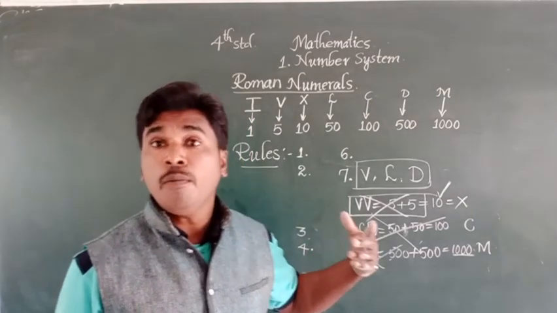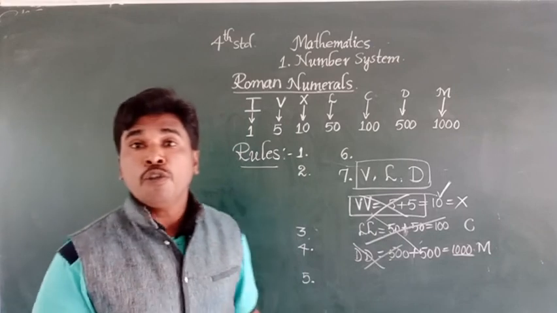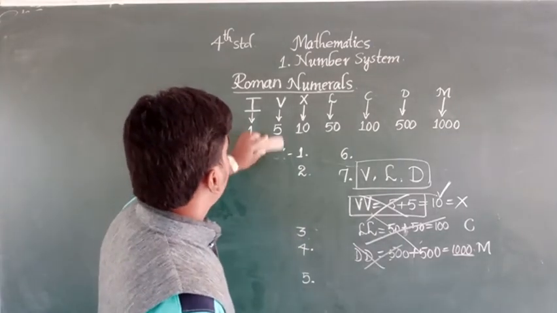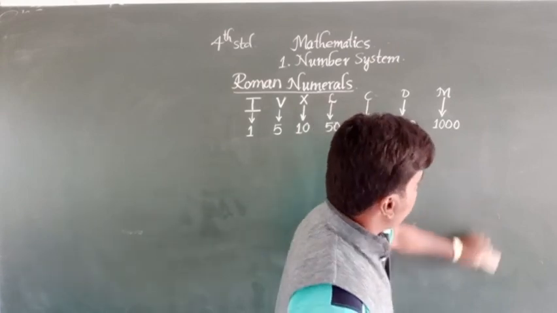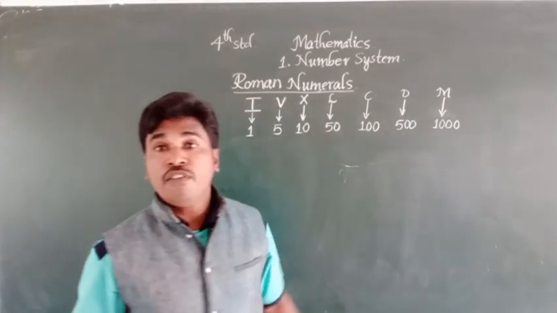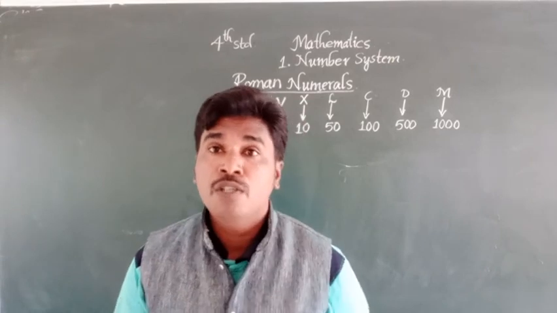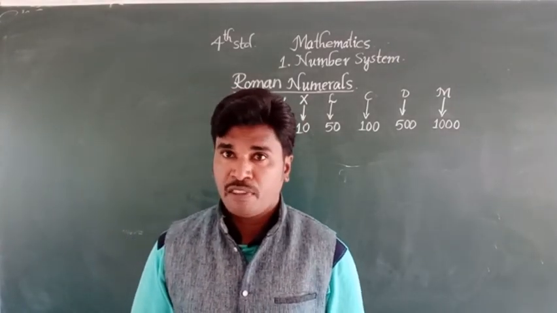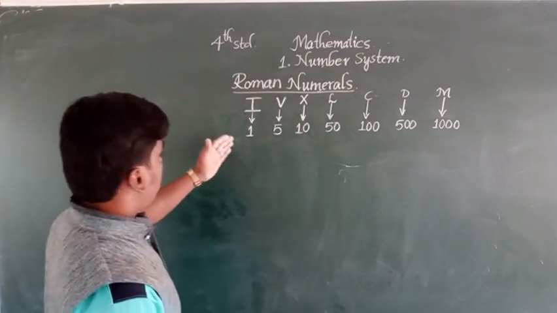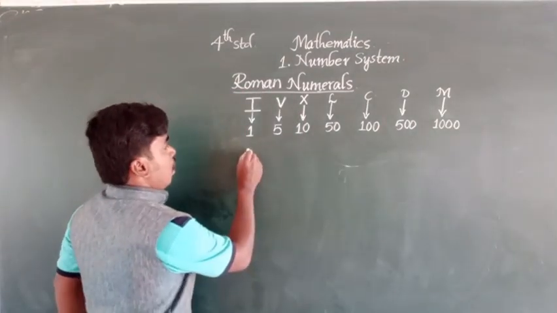While I write on the board, you must write it in your notebook from 1 to 50. After writing up to 50, I'll give some numbers for you to write in your notebook as an exercise. Okay, dear children, observe here.